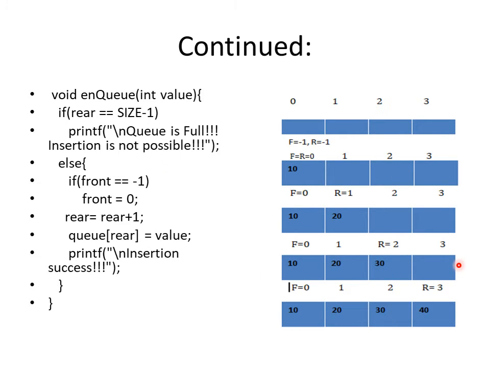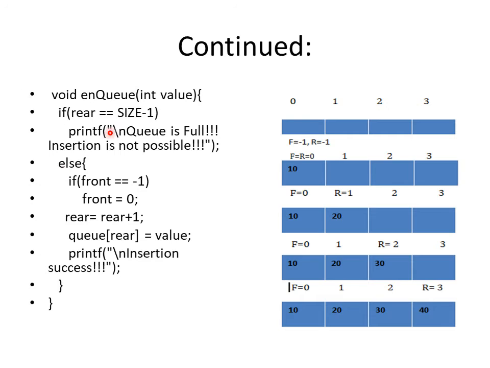Next value: r is incremented, r equals r plus 1, that is 2 plus 1, r equals 3, and the item inserted is 40. Then after that, if I try to insert in the next position, here r is equal to 3. If rear is incremented, rear equals rear plus 1, it is 3 plus 1, 4.